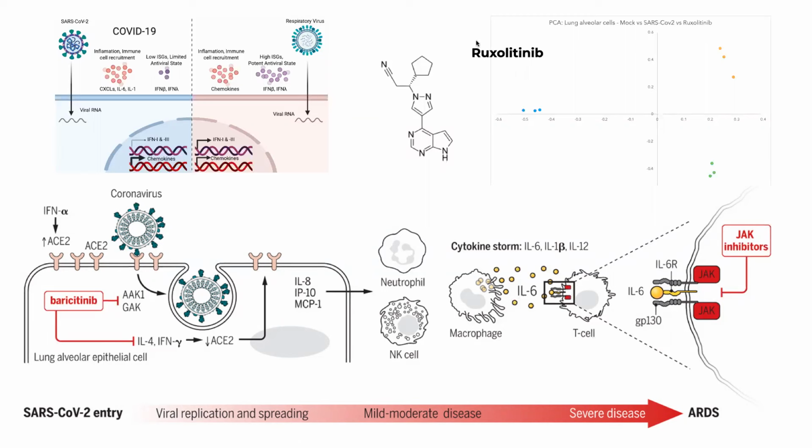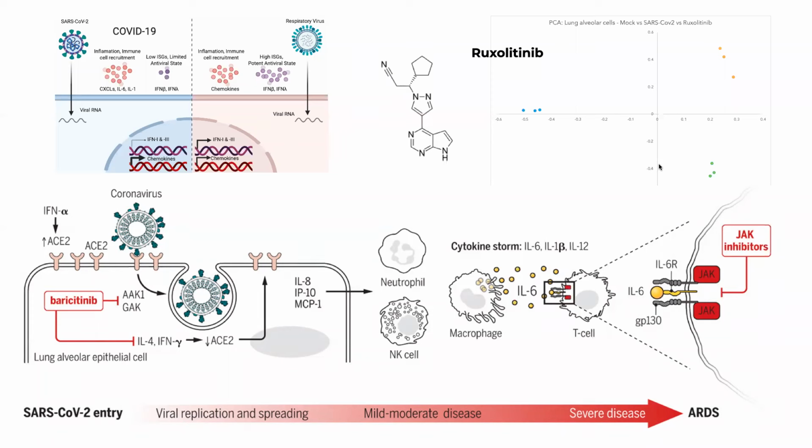And what you see here is one of the drugs that is currently being explored as an effective method of suppressing that kind of an immune response, called ruxolitinib. And ruxolitinib is an inhibitor of this pathway, and essentially blocks the signaling of that STAT pathway, right?